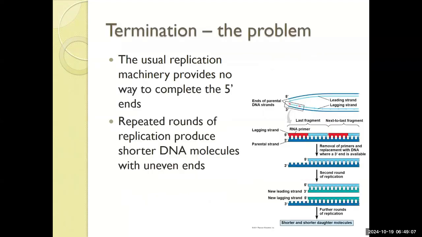So when we end replication, we have a problem. There's no way to complete the 5' ends. Because where the RNA primer falls off, there's no new primer for DNA polymerase to attach and fill in the gap, meaning that repeated rounds of replication will produce shorter and shorter and shorter DNA molecules.